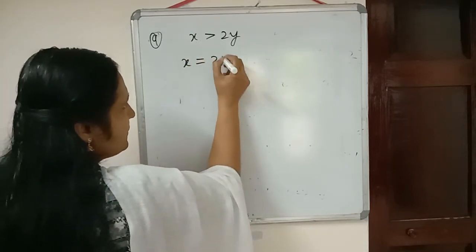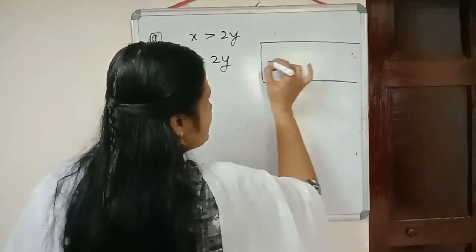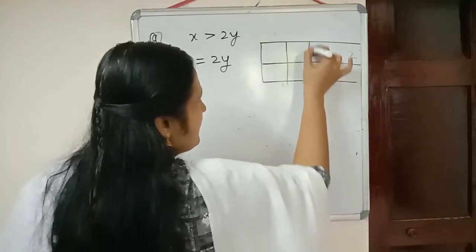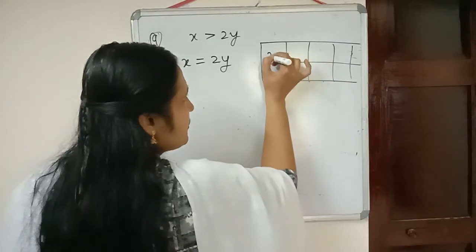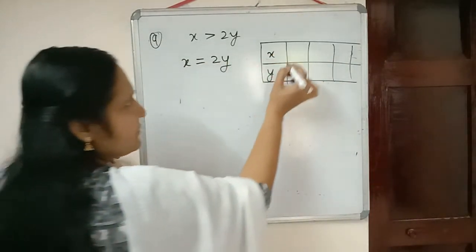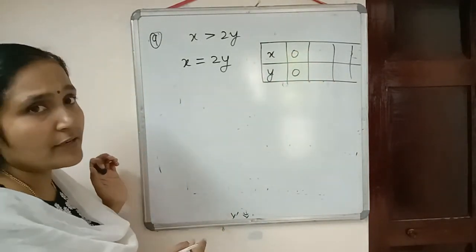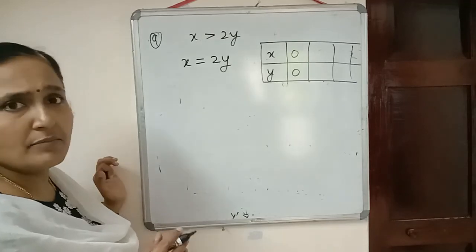X equal to 2y. Now we'll plot some points. If y is equal to 0, then x is automatically 0. Then again you don't have to substitute x is equal to 0, because y will come 0 only.